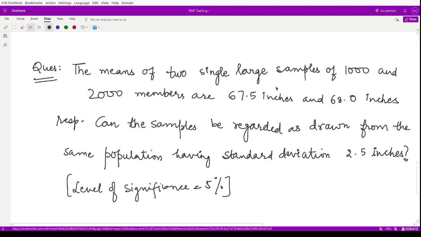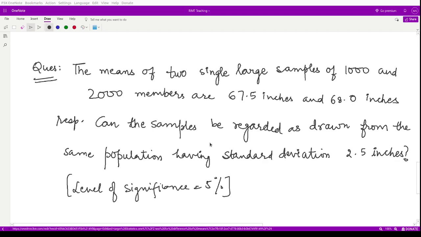So he wanted to test whether both of those samples are from the same company which is producing those kinds of fans. So that is what could be tested using this approach, right?